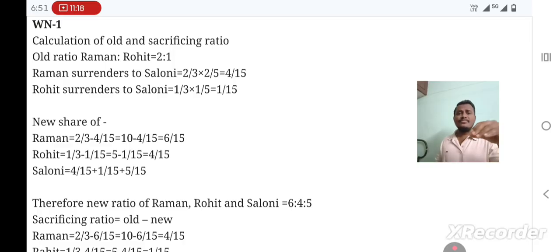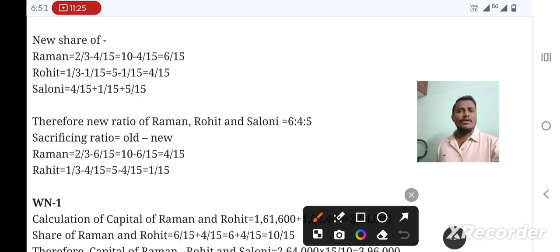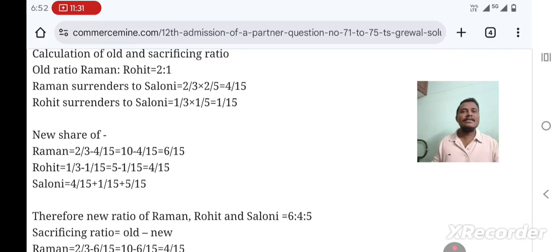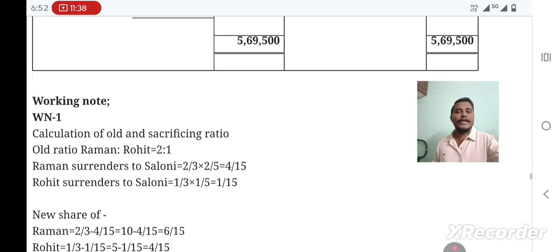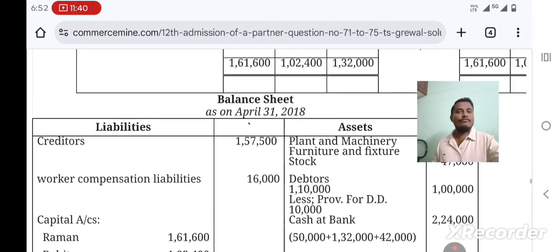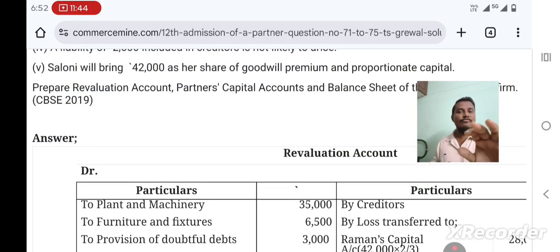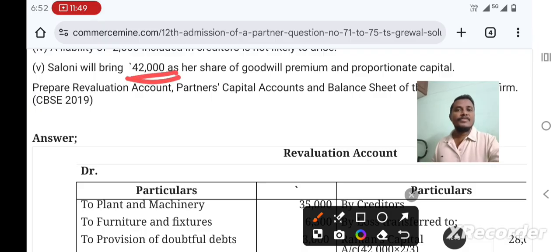Now we are moving on to the sacrificing ratio. I already told you the sacrificing ratio is 4:1. Now in the sacrificing ratio, there is no gaining ratio, you will have to split the goodwill premium which Saloni has brought into the firm, 42,000, in the ratio 4:1.